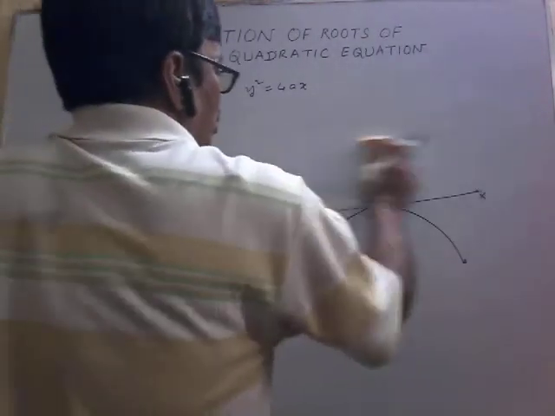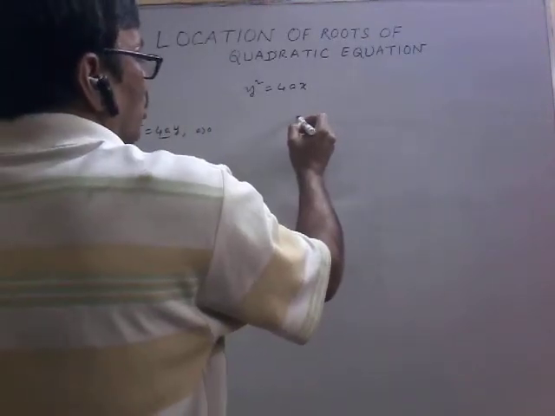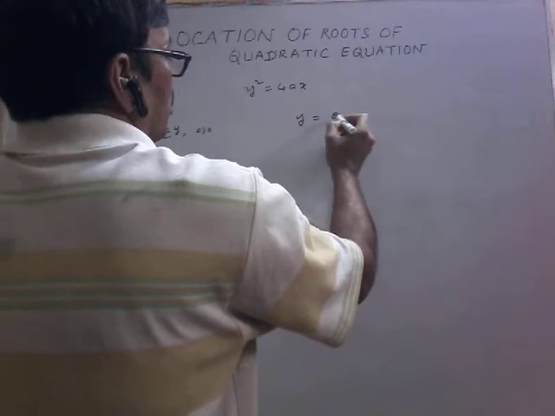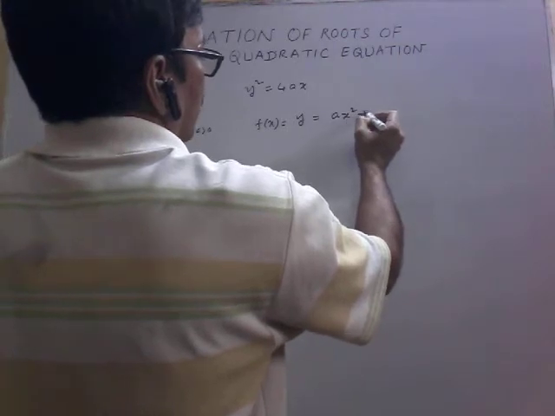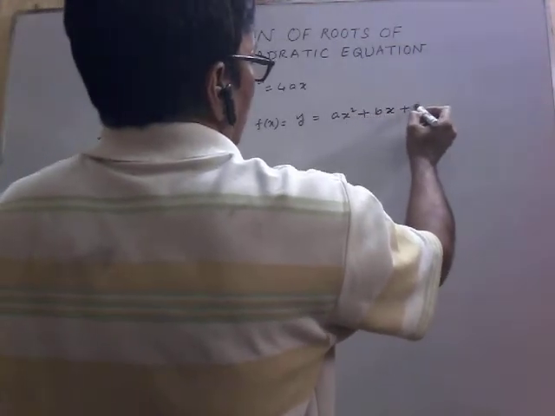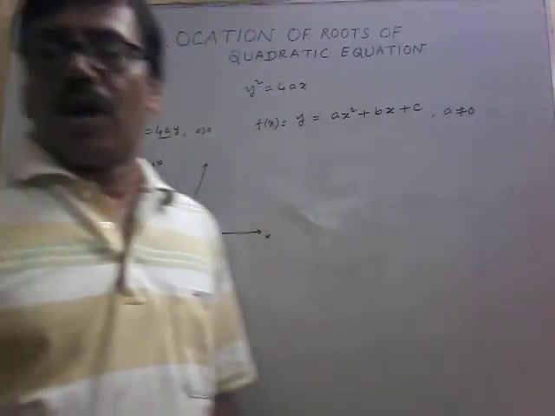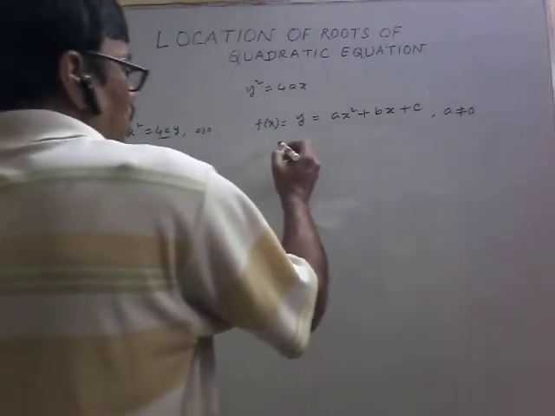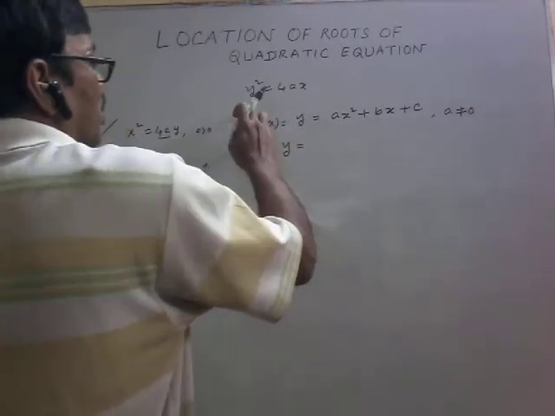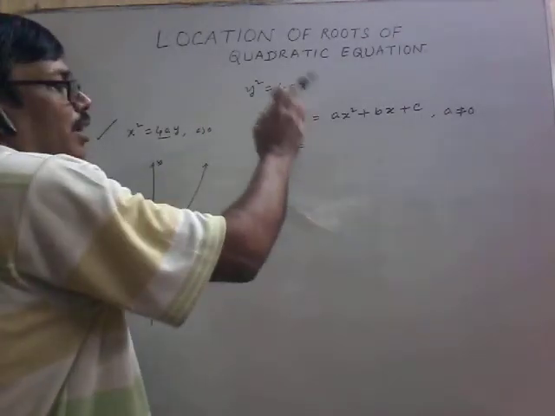Now general quadratic equation. So y equals, or f(x) equals ax square plus bx plus c, a not equal to 0. So how to draw graph of this parabola? Now look, x variable is in terms of square and y in linear.